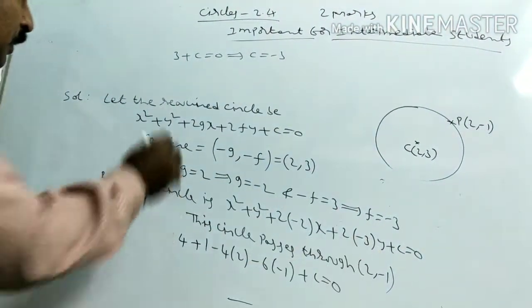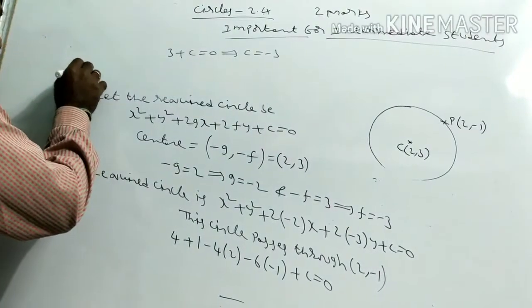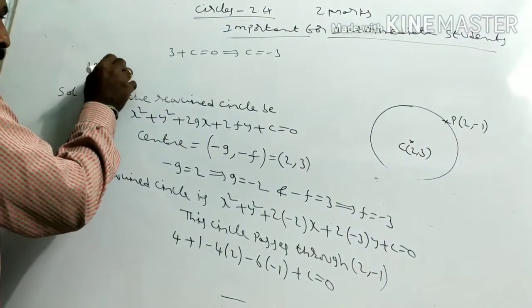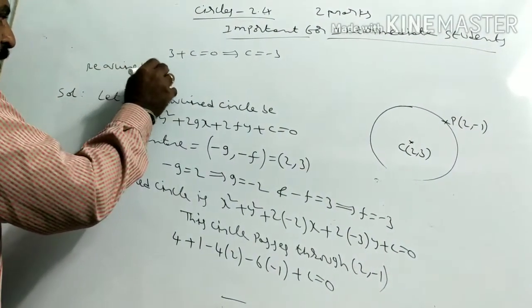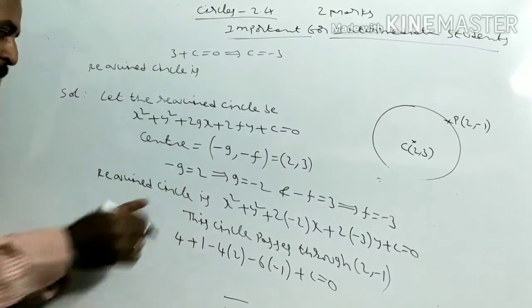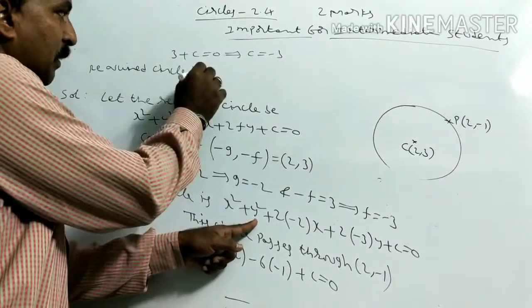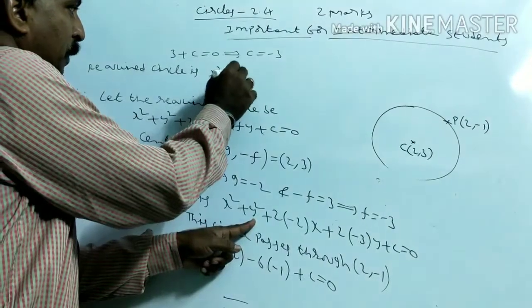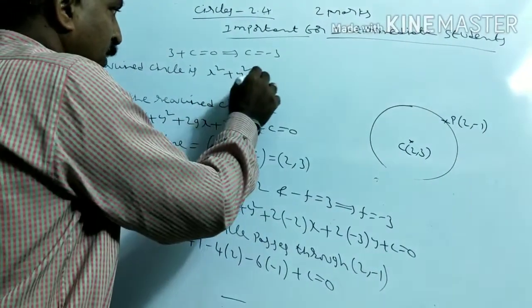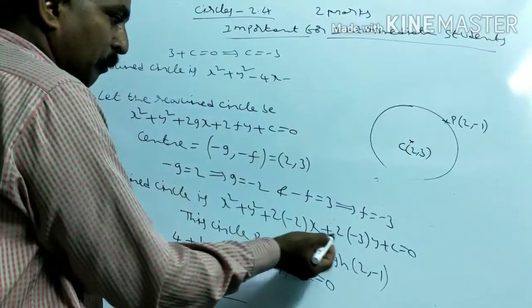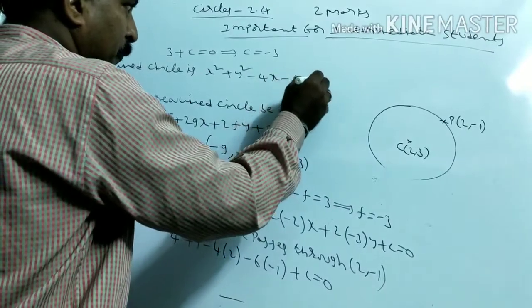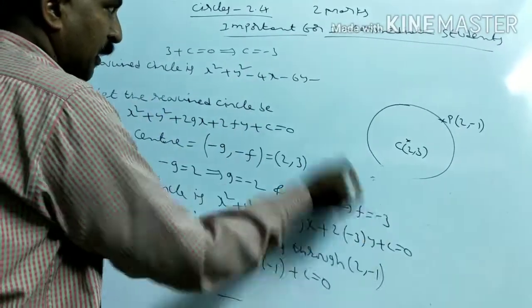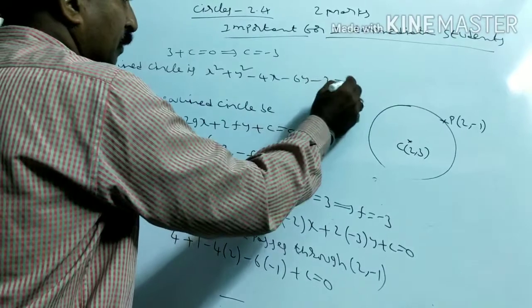We get the required circle: x square plus y square minus 4x minus 6y minus 3 equal to 0.